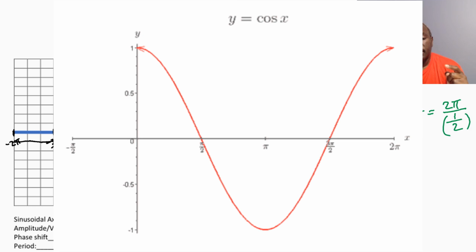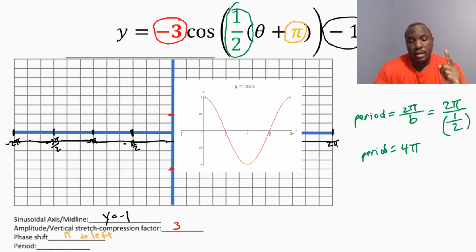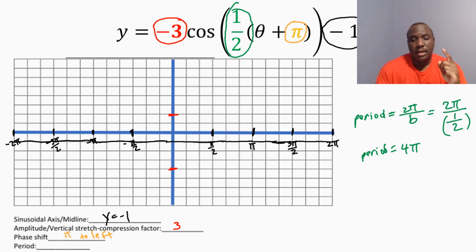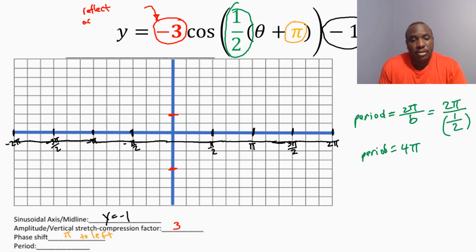Remember that before we put down our first point, this is what a cosine graph looks like. So a cosine graph is going to start at a maximum value. So it has to start at a maximum value. But notice that we have a -3 here. So remember we said a few minutes ago that this negative is going to come into play? Well, this negative means that we are now going to reflect our graph across the x-axis.